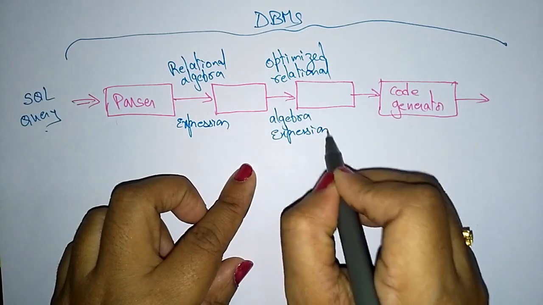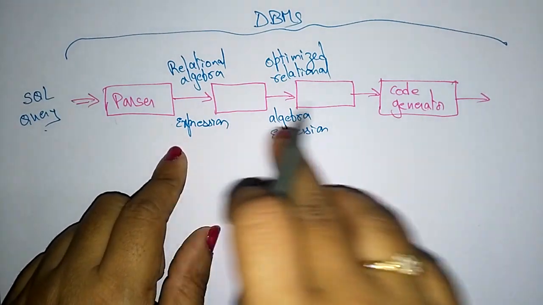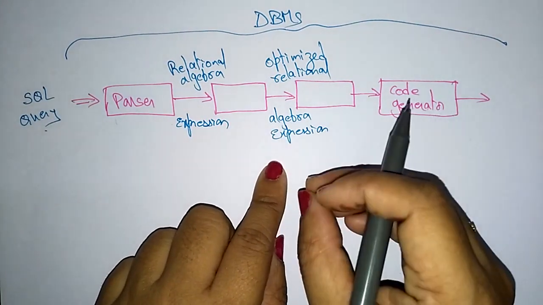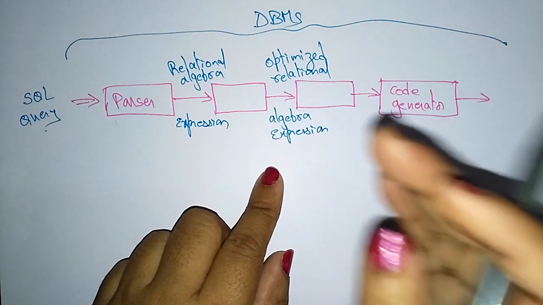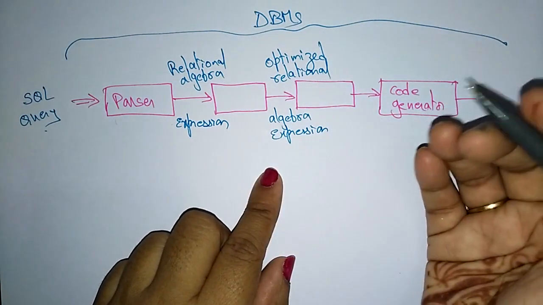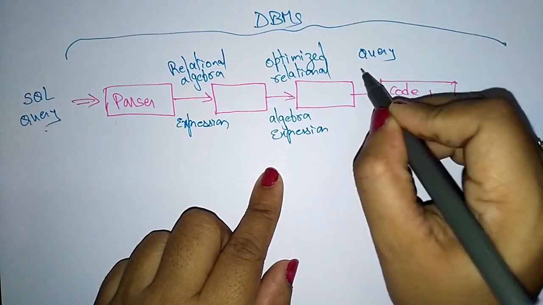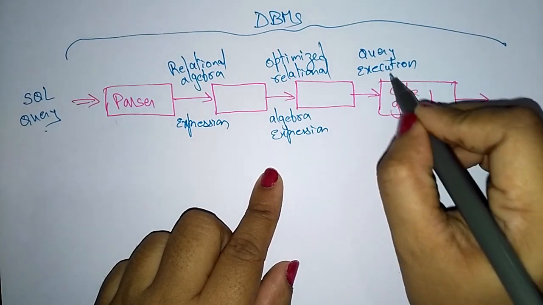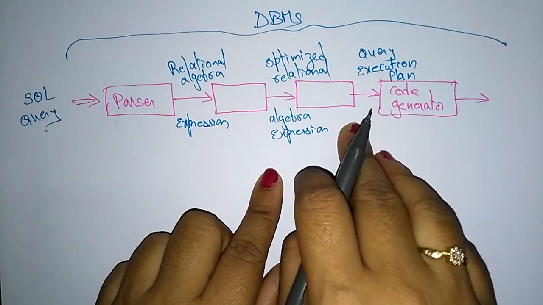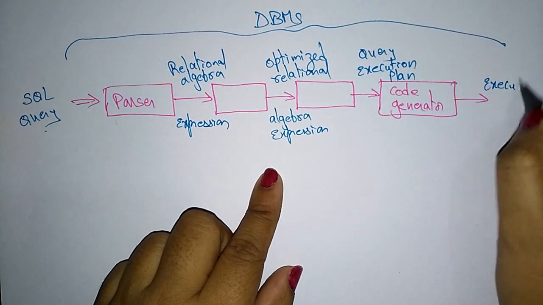That optimized expression is sent to the code generator with the help of the query execution plan, and finally you get the executable code.